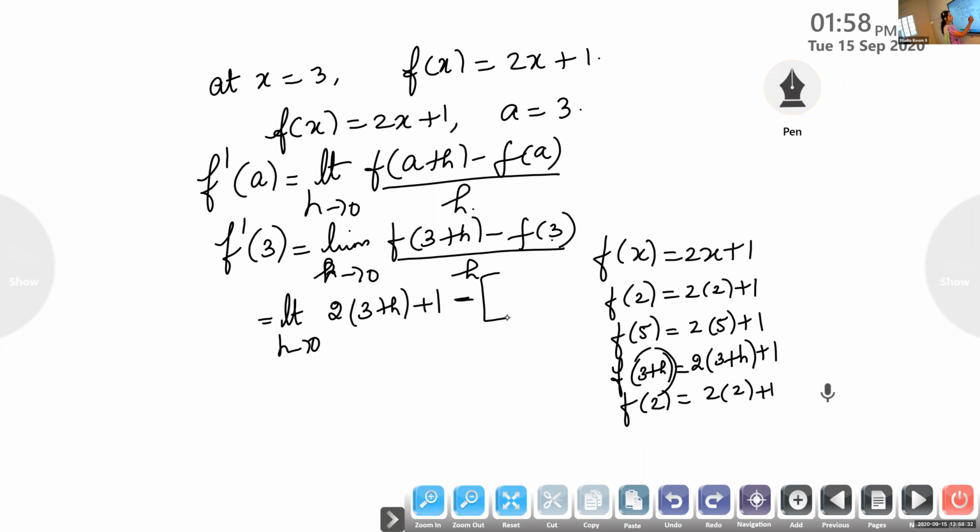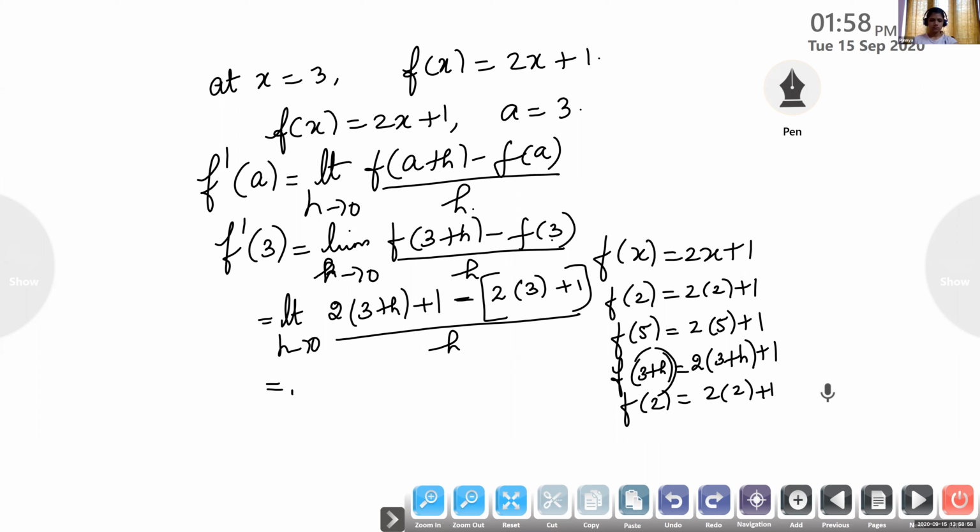So minus, putting the bracket, 2 into 3 plus 1, by h. Up to this, is it okay? Aryan, is it okay? How we are finding this function? Any doubt, children?